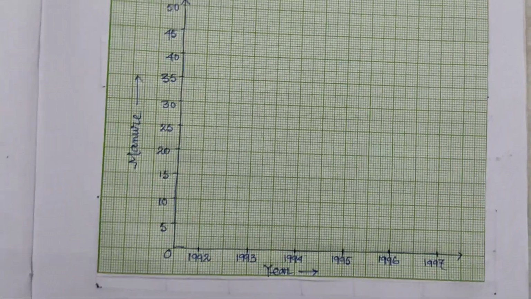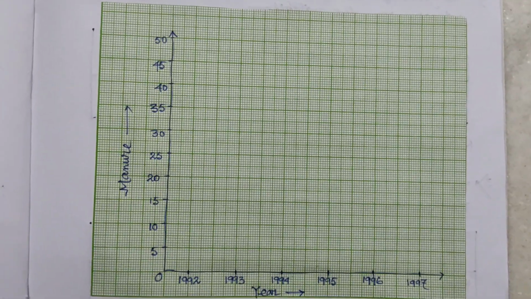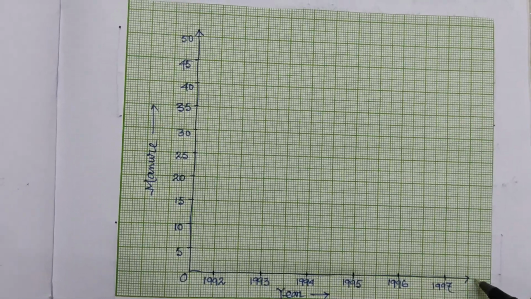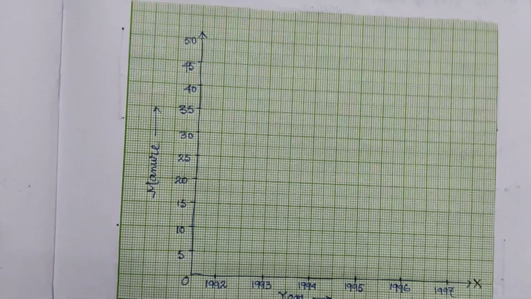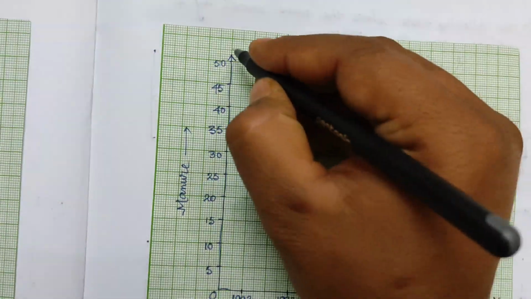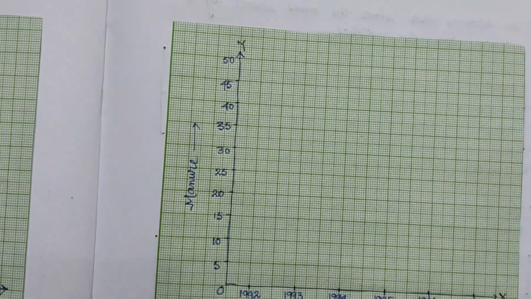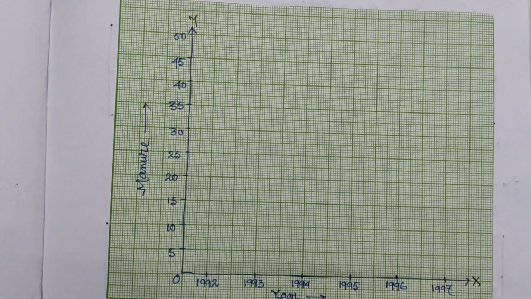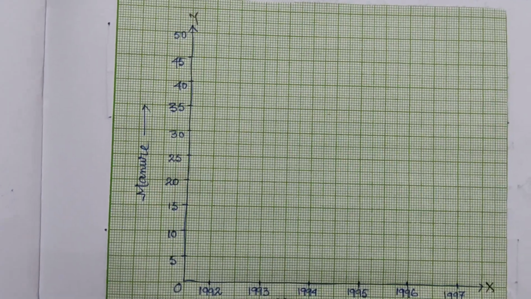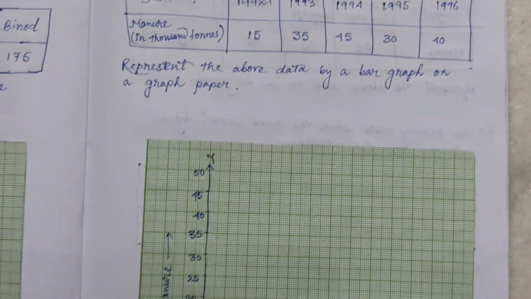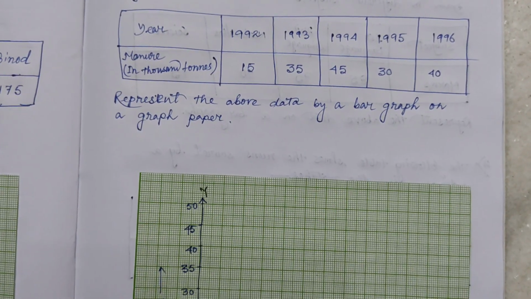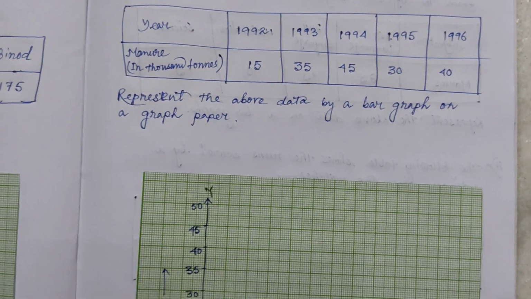So here I have taken the scale. Here the horizontal axis, that is the x-axis, represents the year, and the vertical axis, that is the y-axis, represents the manure. Now you can see in 1992, how much? 15,000 tons.